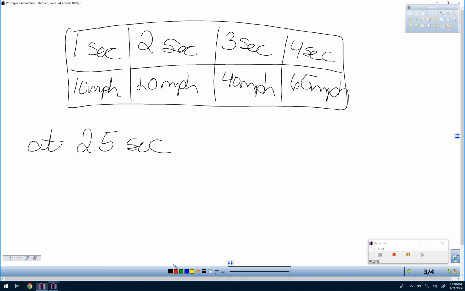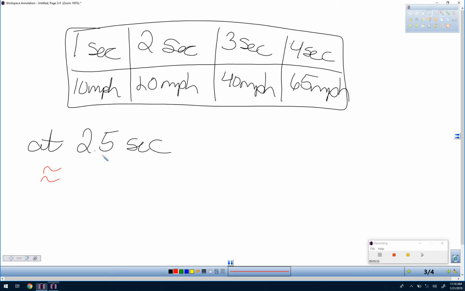The way we would do that is simply find the slope. It's no different than what you learned in probably 8th or 9th grade. Let's say I wanted to approximate its derivative at 2.5 seconds. In other words, I'm trying to figure out its acceleration at 2.5 seconds, because I can tell you its velocity at 2 seconds and at 3 seconds.